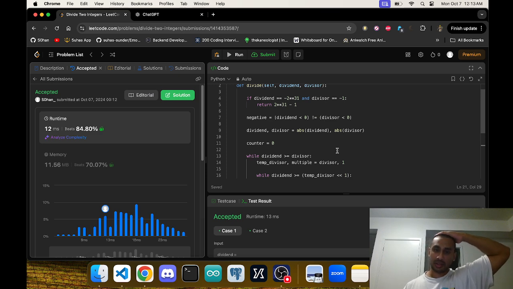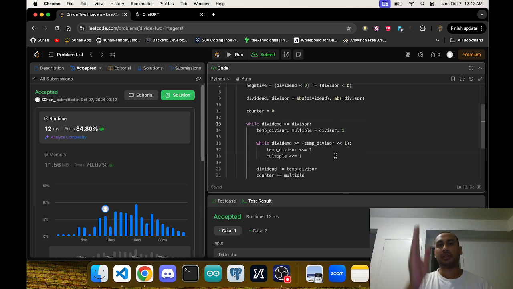We do that because that way we can halve the amount of time we have to take to get to that result rather than incrementally like this: 3, 6, 9, 12, 15, 18. So I'm doubling that result every time so I can get to the final answer a lot faster.